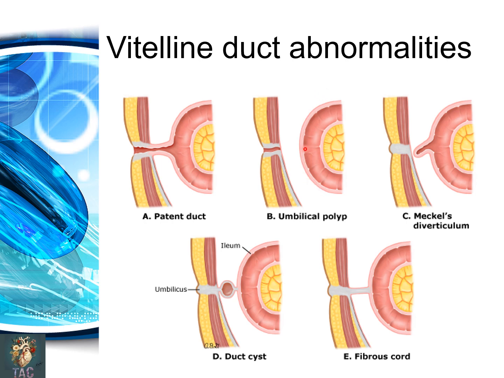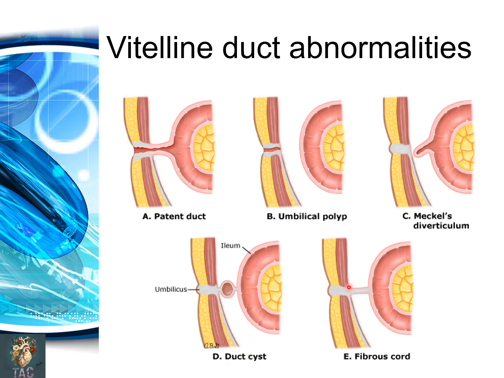There is no connection of the vitelline duct to the intestine. In this condition, Meckel's diverticulum is present, and this Meckel's diverticulum is usually present 60 centimeters from the ileocecal junction. In the third condition, although the connection is present, there is a fibrous cord at the junction of the small intestine to the vitelline duct, but in the center there is a cyst, called the duct cyst.